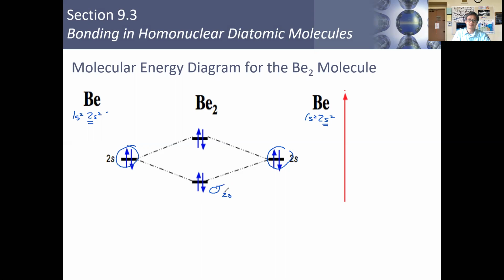So this is your sigma 2s, your sigma bonding molecular orbital. And therefore this must be your sigma star from the 2s. This is your anti-bonding.